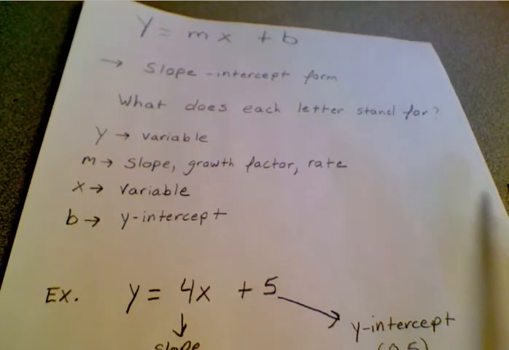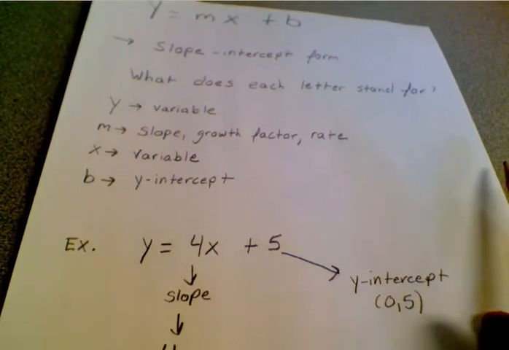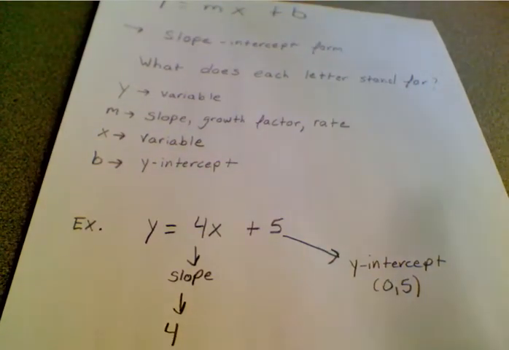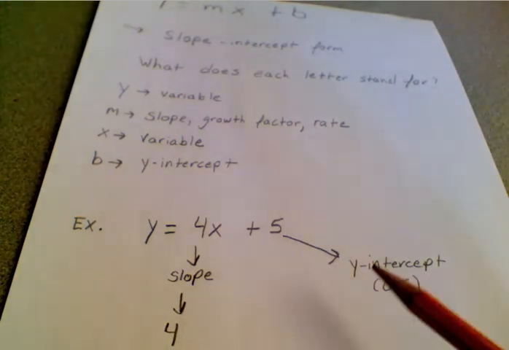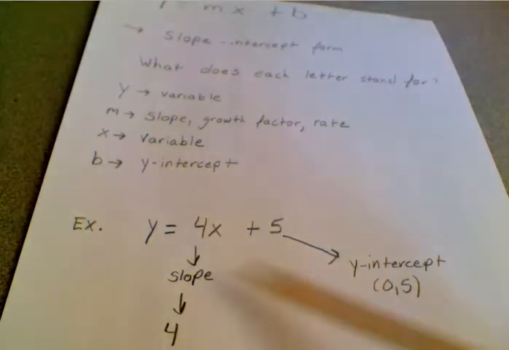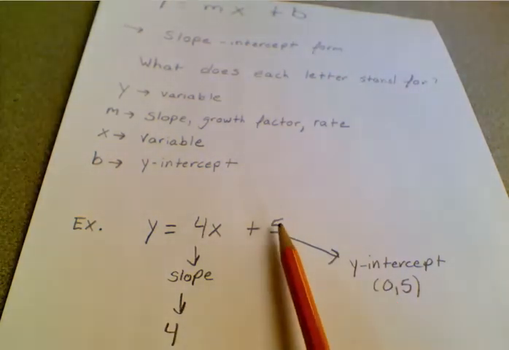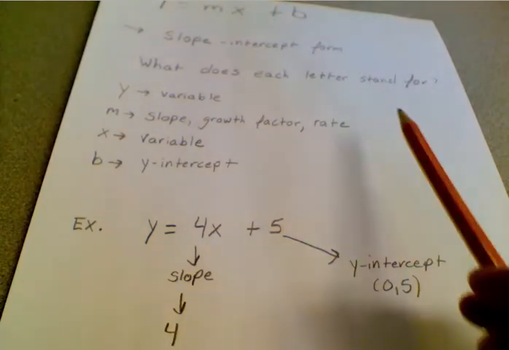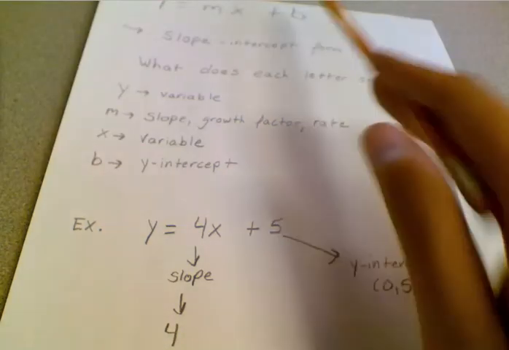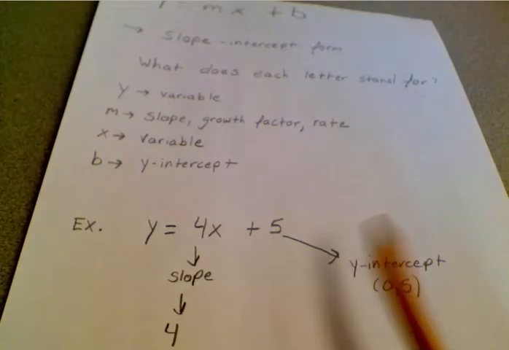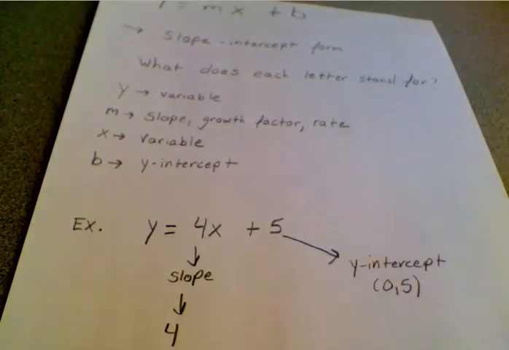So my slope here is 4, not 4x, because x is my variable. My slope is 4. And 5 is my b, which is my y-intercept. The point (0, 5) is my y-intercept.